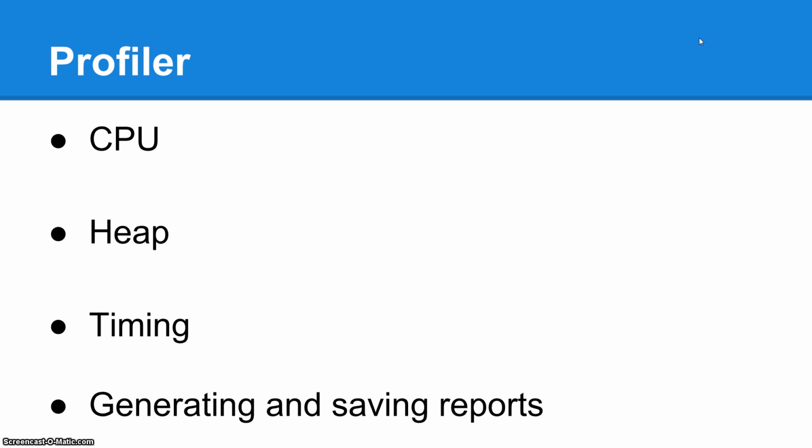But what IE offers in terms of profiling is just timing-based profiling, which is similar to what the networking panel does. The Chrome developer tools has a more extensive approach in this domain. Along with the timing, it has CPU and heap based profiling, and it allows you to generate and save reports.